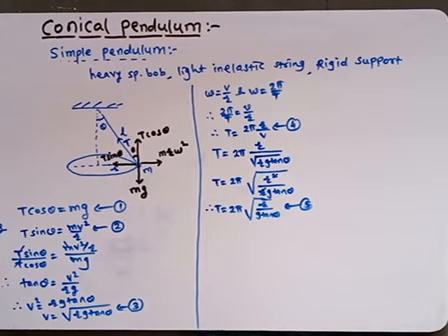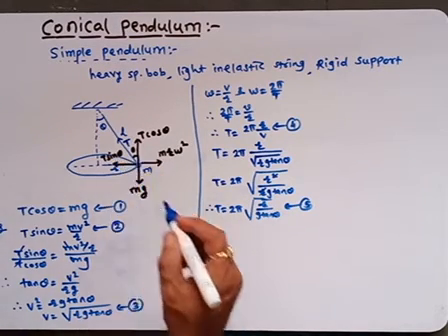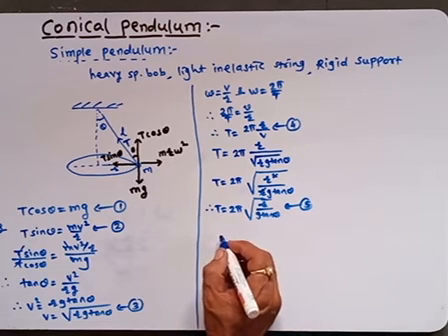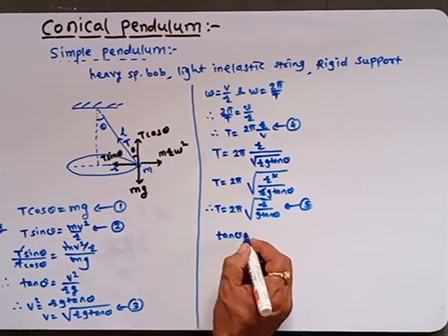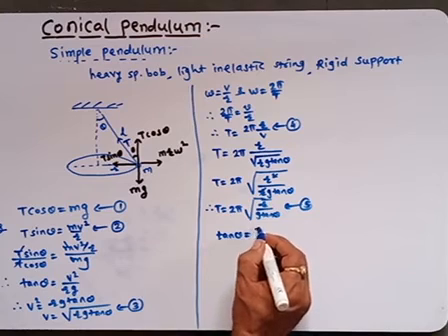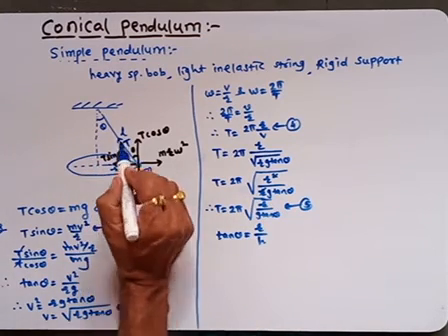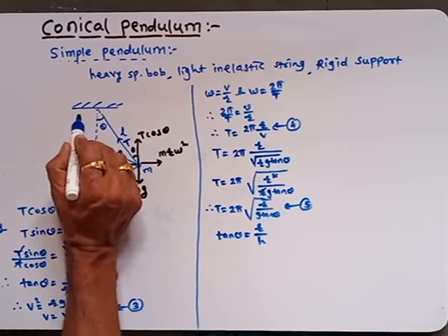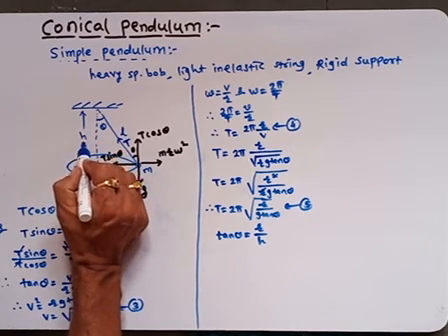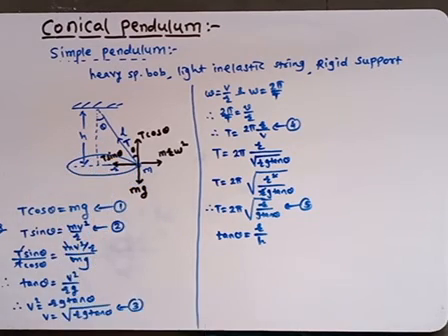Now, from this figure, we can write tan theta is equal to r upon h, where L is the length of the string and h is the height of the bob from the rigid support.